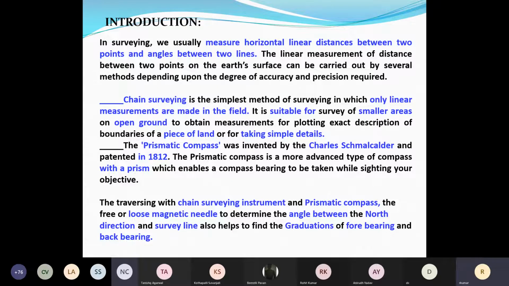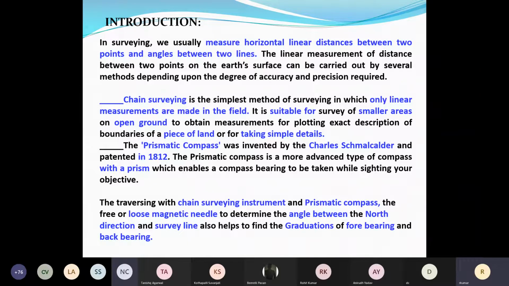The prismatic compass was invented in 1812. It is a more advanced type of compass with a prism. Why do we call it prismatic? Because on top of it there is a prism which enables a compass bearing to be taken while sighting our objective.